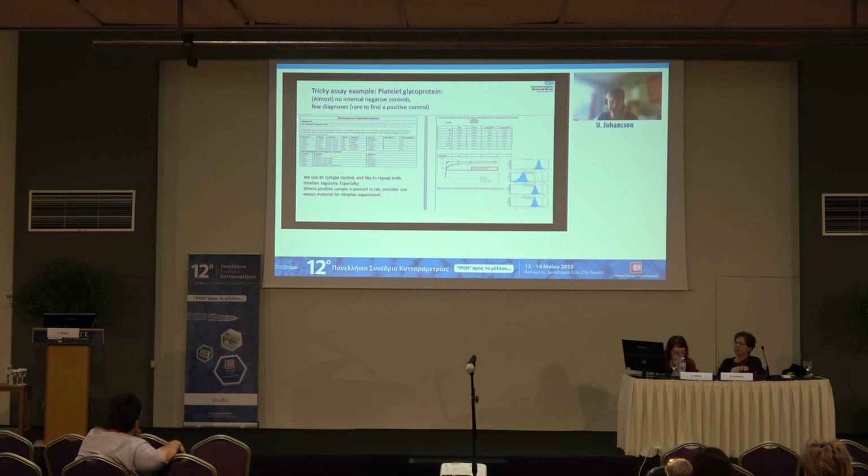So here is an example of a person with a bleeding disorder and a loss of platelet glycoprotein expression. We have maybe a true bleeding disorder case like this once a year tops, even though we are a referral centre.